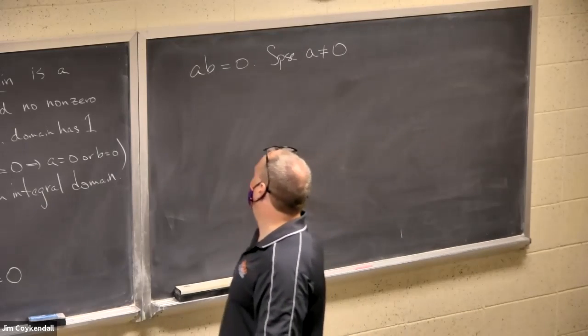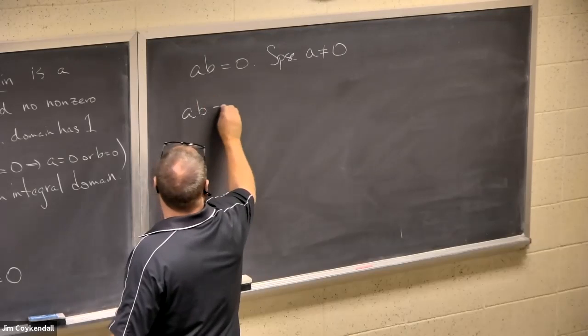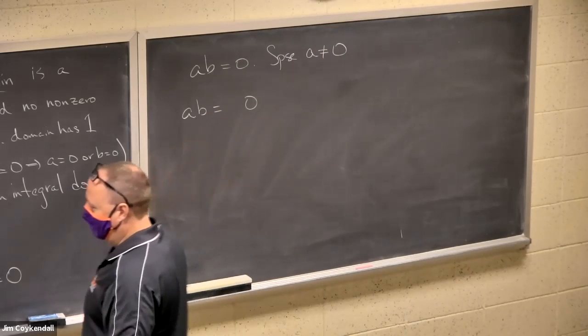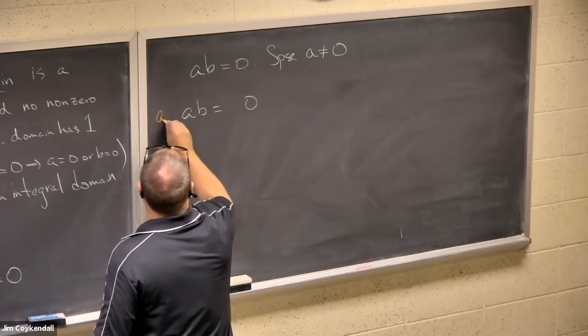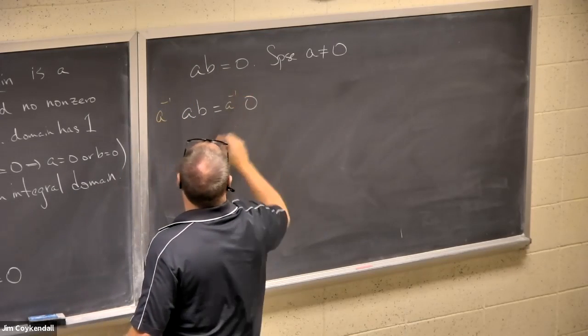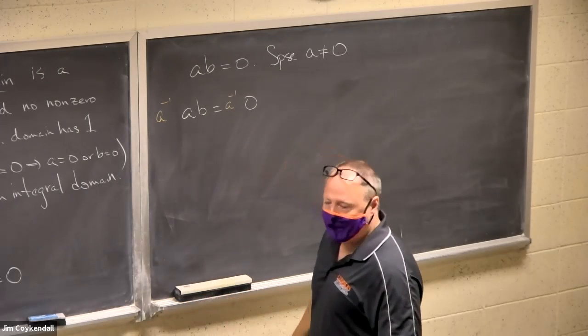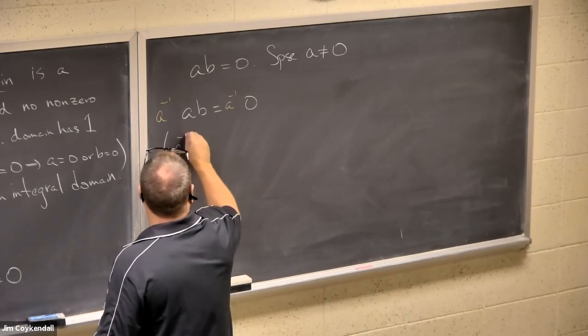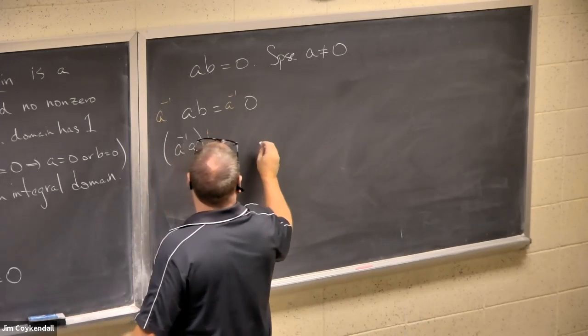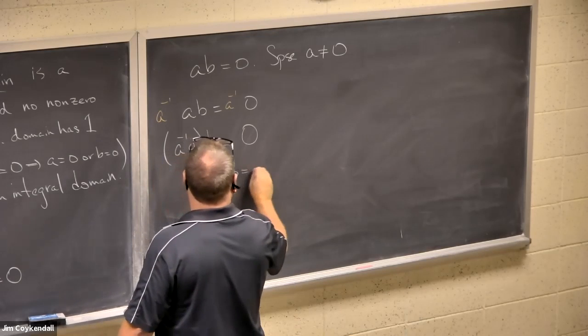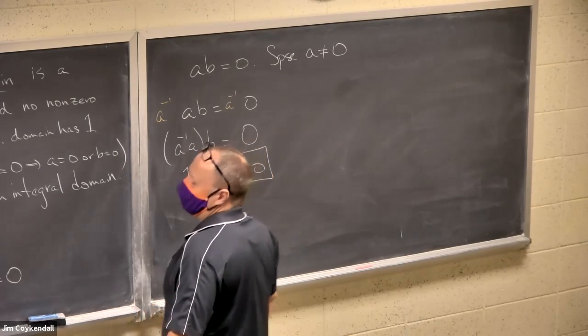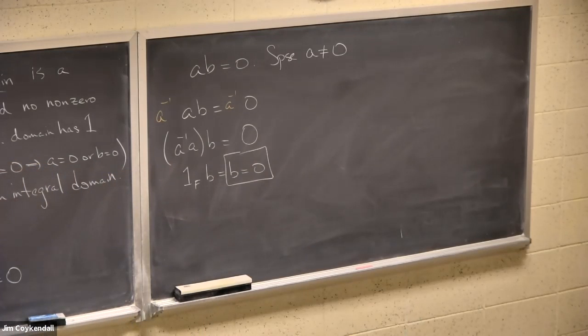So let's suppose that A is not zero. Here's what I'm going to do. I'm going to multiply on the left, although it doesn't matter because the ring is commutative, by A inverse. And so I get A inverse A times B equals 0, so B is 0. There we go. If A is not zero, B must be. So any field is an integral domain.